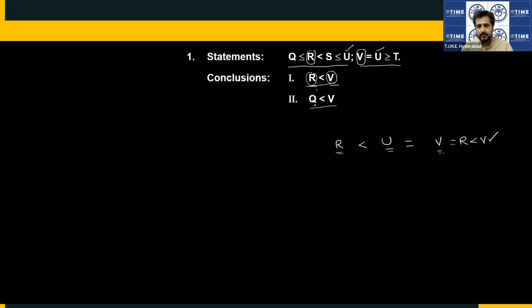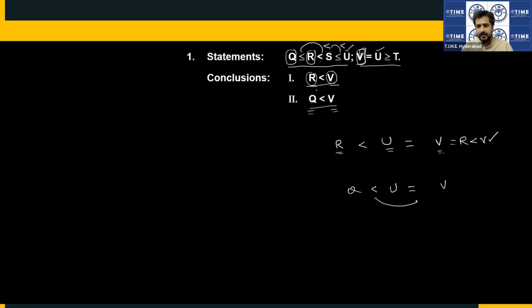Now let's move on to the second conclusion. Again, Q is in expression 1, and V is in expression 2. To combine these 2, the common term is U. So again take the U and put Q and V on either side. The relation between Q and U is less than or equal to, which leads to less than, and the relation between U and V is equal.